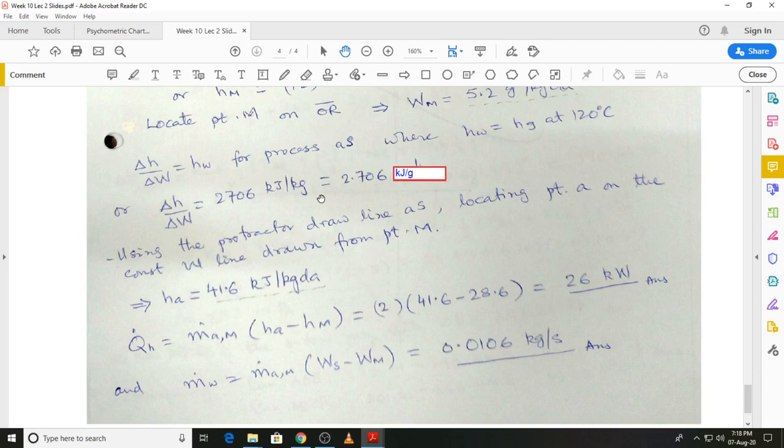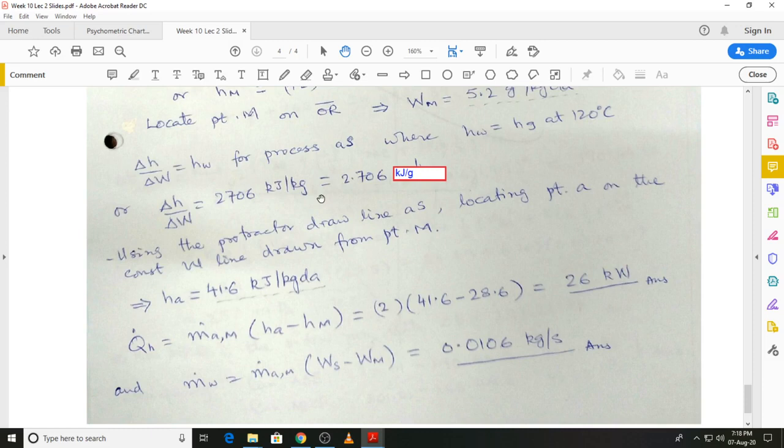Then you will have to draw a line parallel to that line from state point S, and this will intersect the constant humidity ratio line drawn from state M, and that intersection of these two lines will give us state A, because remember from M to A we have sensible heating. During that process, the humidity ratio will remain the same. And from A to S, we will have humidification.